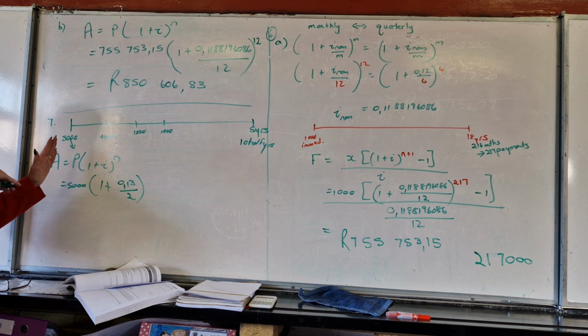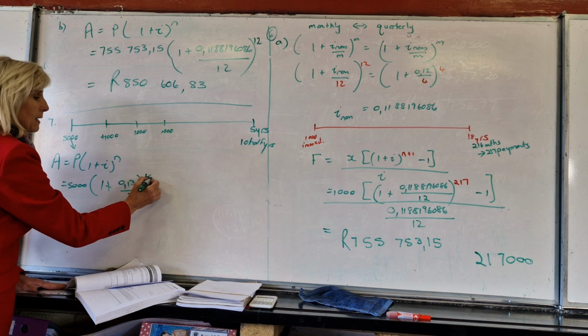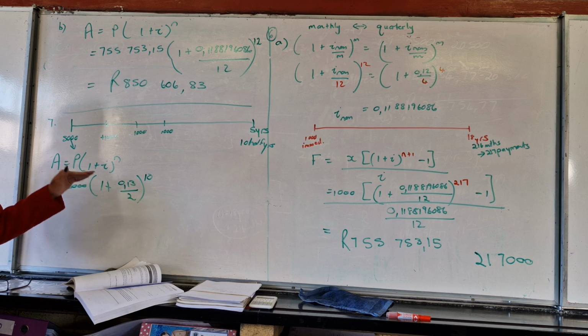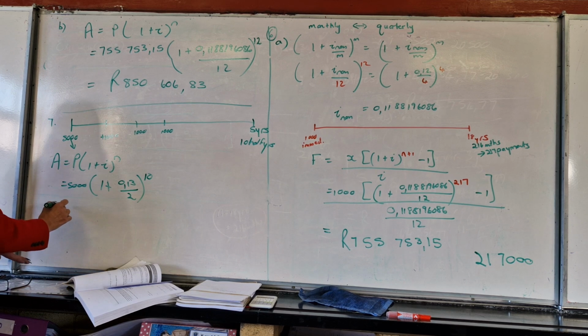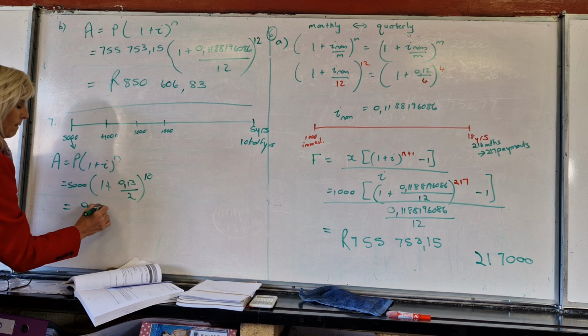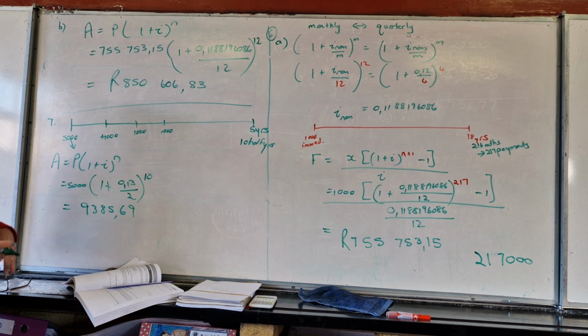Putting the money in there and leaving it there for 5 years. So that means that you've got 10 half years. Right? 10 half years. And we're going to get an answer of, I don't know what, please? 93856.9.